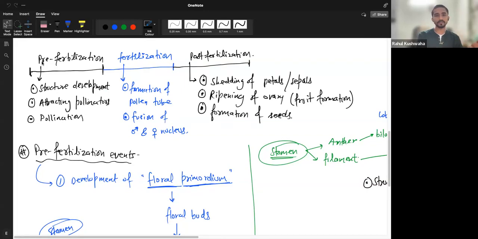It's basically structure development, attracting pollinators, and pollination. These three things in this order. Then fertilization includes formation of pollen tube and fusion of the male and the female nucleus. And post-fertilization is the result of this, that we see that petals and sepals are shed off and ovary gets ripened to form fruit and ovules develop to form seeds.